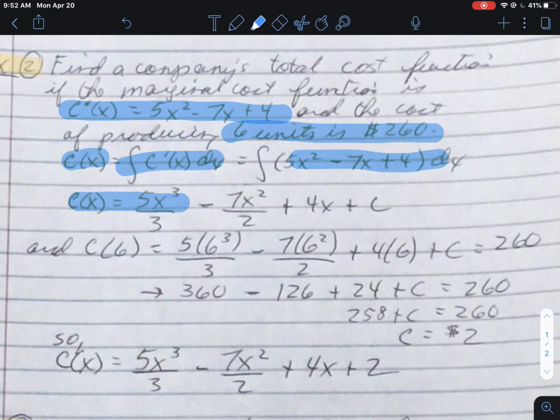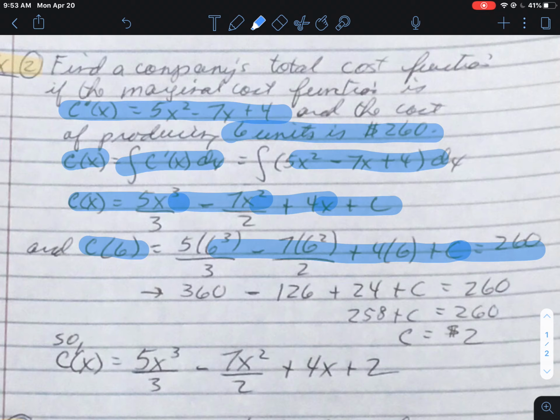Using our power rule, I've got 5x cubed over 3 minus 7x squared over 2 plus the antiderivative of the constant, 4x, plus C, the general antiderivative. Then, using the specific information that the cost of producing 6 units is $260, the cost function evaluated at x equals 6 is equal to 260, and then we solve for C.